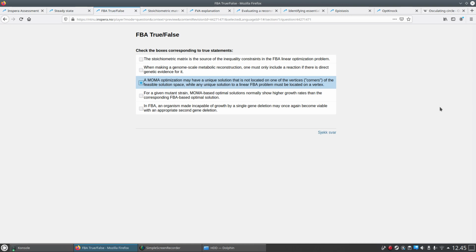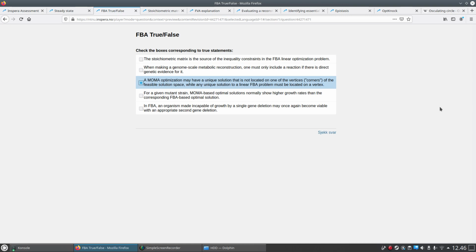And since any second mutation is going to shrink that solution space even further, there's no way that you can then have the second solution space include any point where you have sufficient growth, because our solution space after the second mutation is necessarily going to be smaller and entirely contained within the solution space we got after the first mutation.